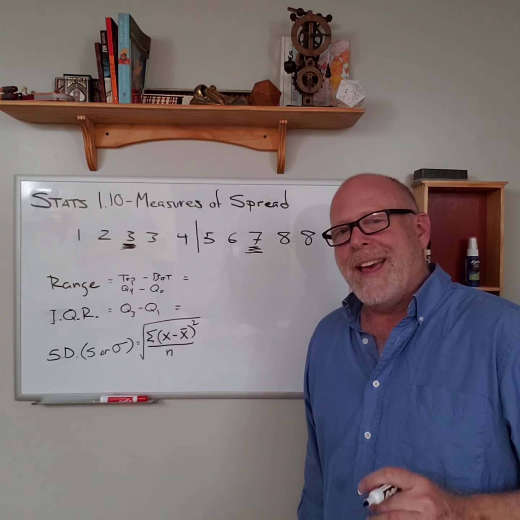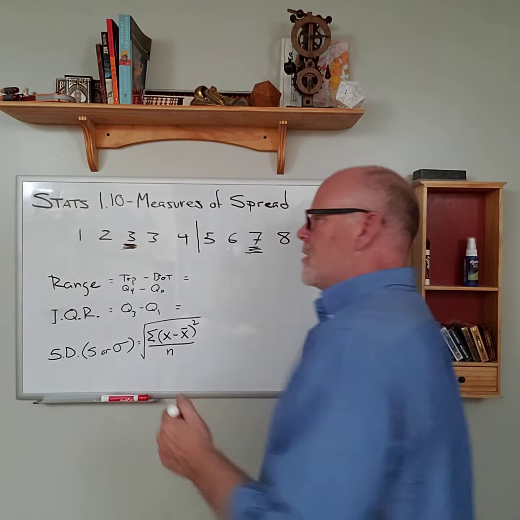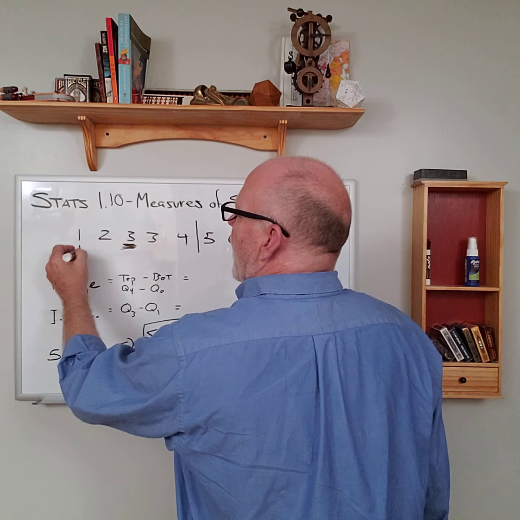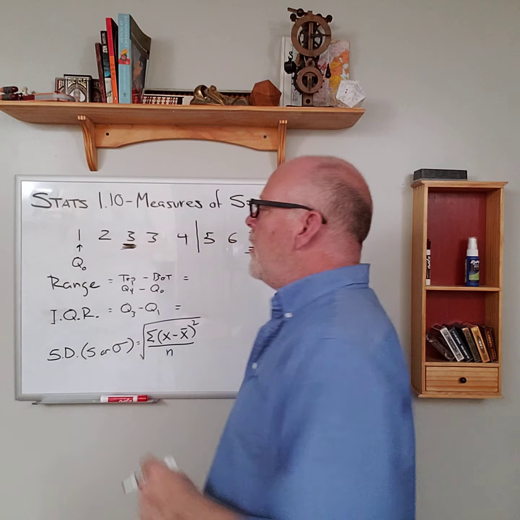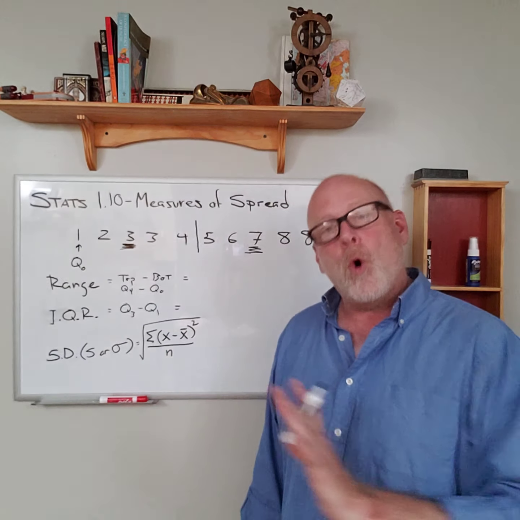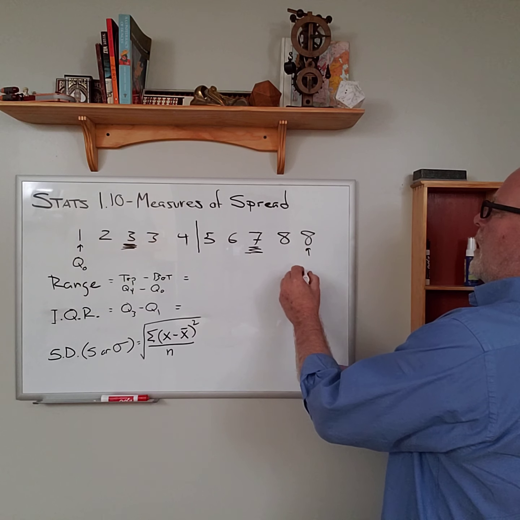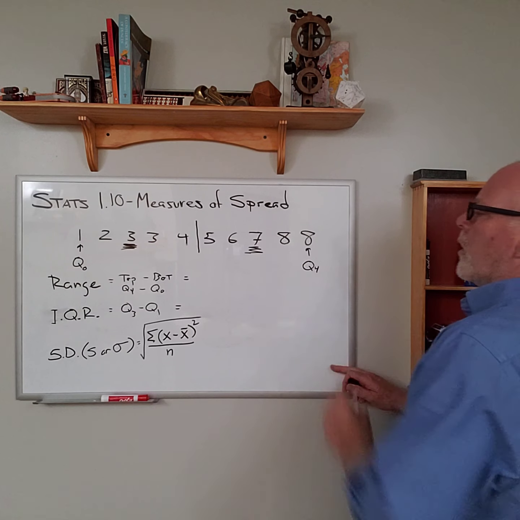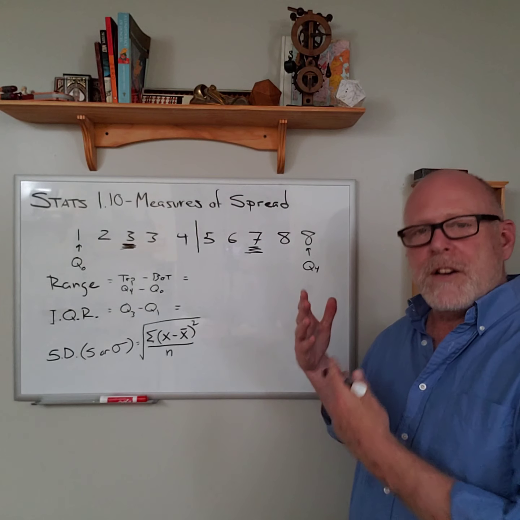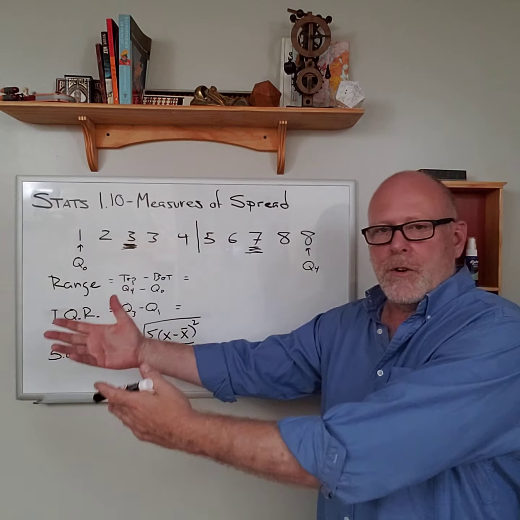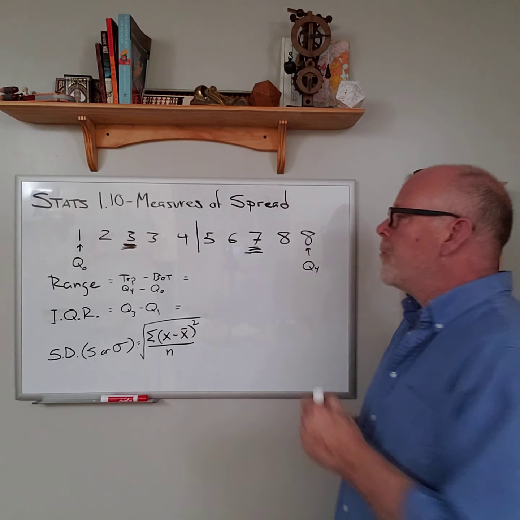And we name them by how many quarters of the data are beneath that in the list of data. So the bottom number here, we would call Q0, the 0th quartile, because nobody is below that data. The number here, we would call Q4. We'd also call that the maximum number, because the entire data set is less than or equal to Q4, so all 4 quarters of the data.